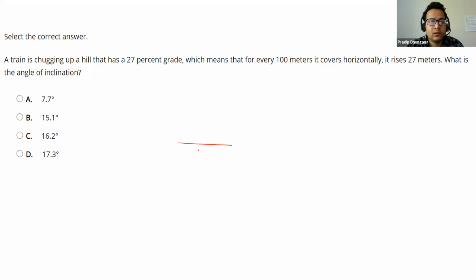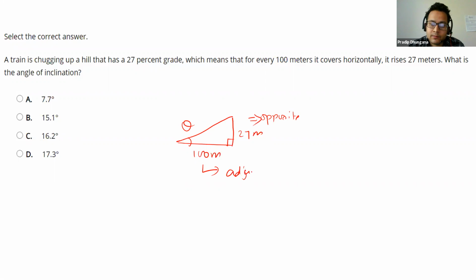It covers 100 meters horizontally, rises 27 meters. So we got a right angle triangle like that, and we have to find out this angle. You can see here 27 is opposite, and 100 meters is adjacent.